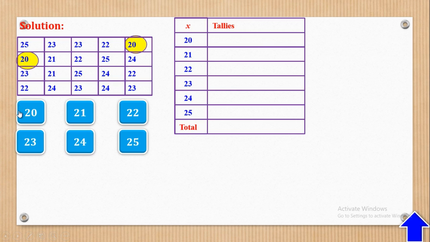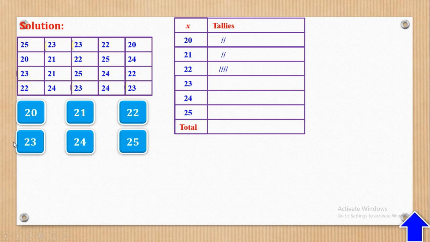If you highlight 20, you realize that there are only 2 20s, therefore you shall put 2 slashes to mean that there are only 2 values of 20. Then when you go to 21, we shall also highlight them, and you realize that they are 2, so we put 2 slashes to denote 2 values of 21. Then when we highlight 22, you realize that they are 1, 2, 3, 4, so we shall put 4 slashes to denote 4 values of 22.